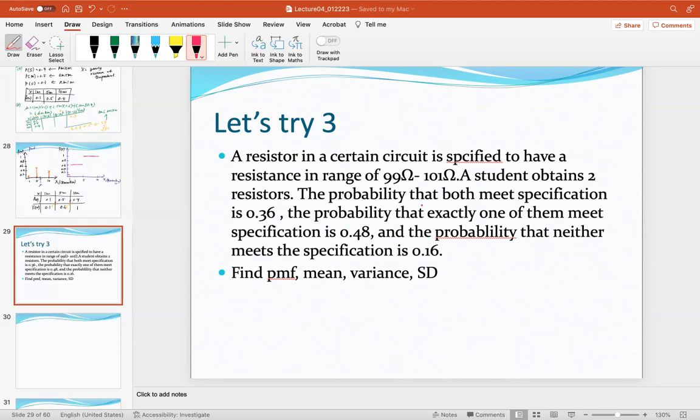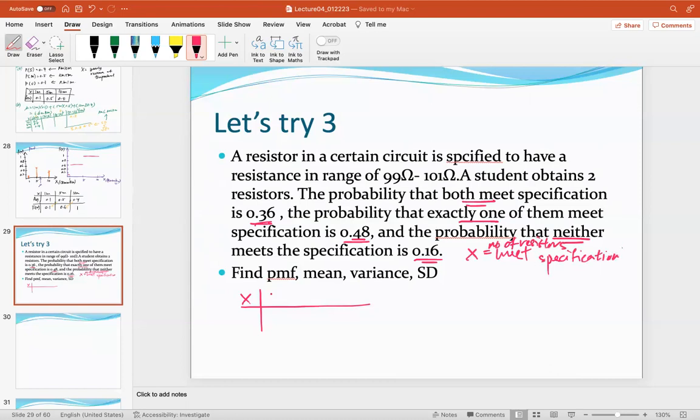Generally, I can label X as the number of resistors that met specification.